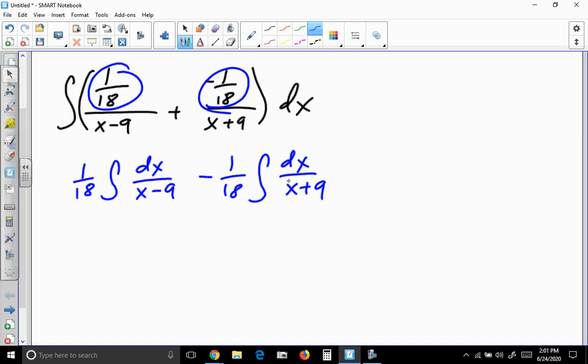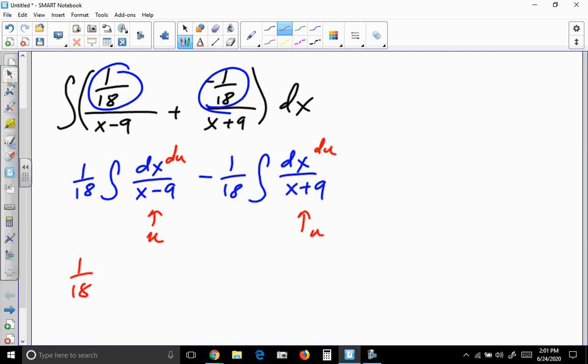Now both of these integrate into natural log. If the denominator is u, the derivative of the bottom is just 1 dx. So that's du. If that's u, that's the derivative of u.